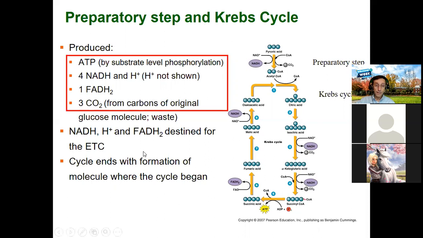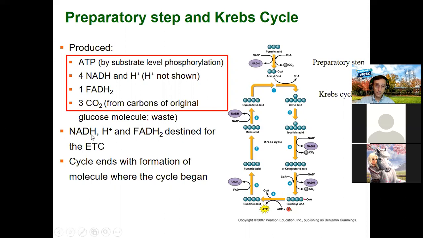All right, the NADH and the FADH2 carry the electrons from pyruvic acid and ultimately the electrons from glucose to the electron transport chain. And that's what NADH does in glycolysis too.